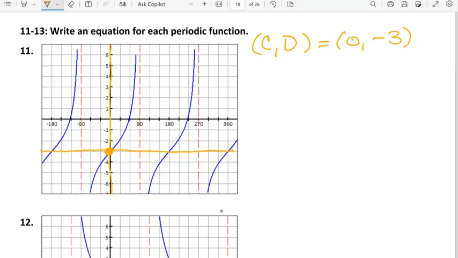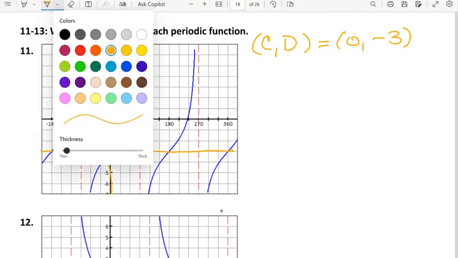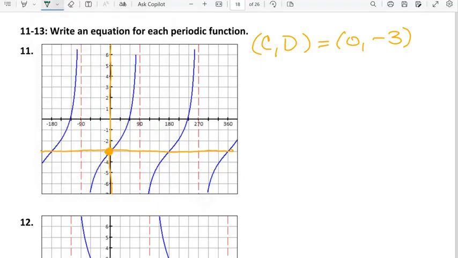And then I also need to identify the A value. Now, A value is the vertical stretch. Since there's no amplitude on a tangent function, it's going to be a little bit trickier to identify. What I want to make sure of is that my 5 anchor points, which include the asymptotes, are equally spaced.